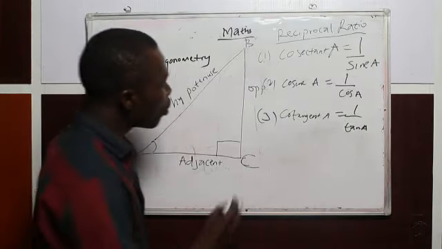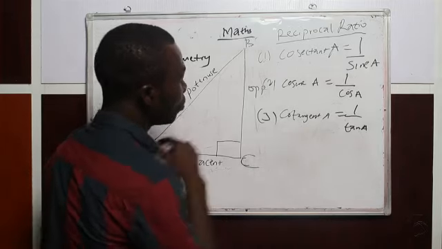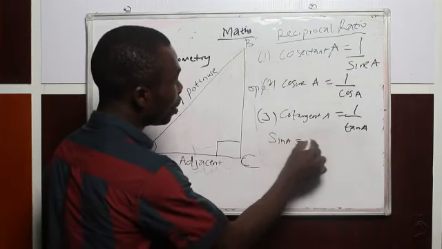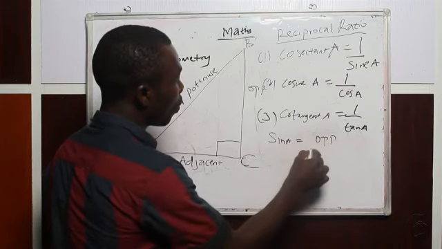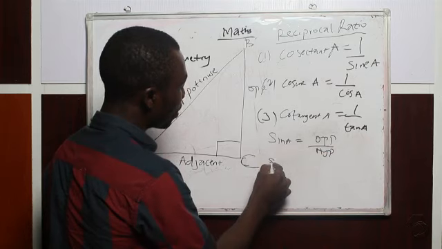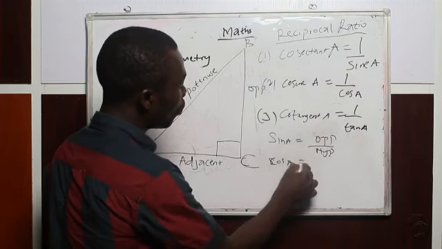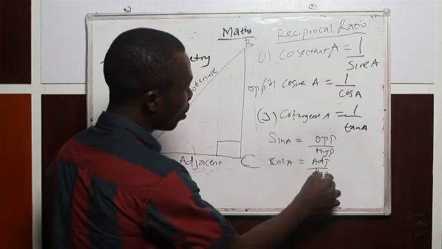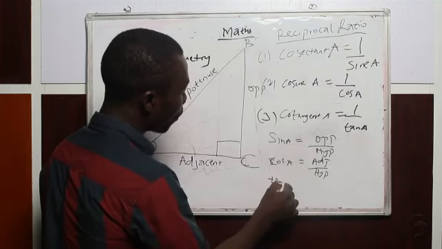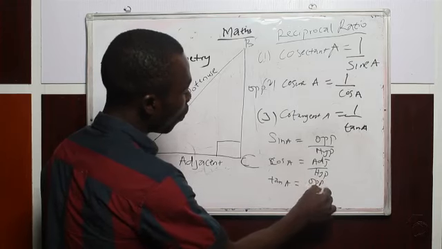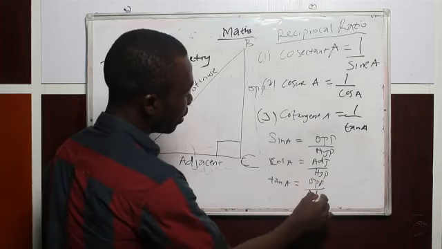Remember, in our first three ratios, we talked about sine A, which is opposite over hypotenuse. We talked about cos A, which is adjacent over hypotenuse. We talked about tan A, which is opposite over adjacent.